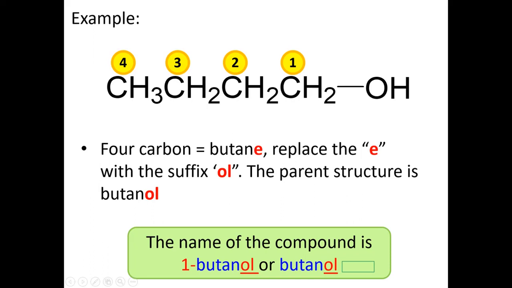Please do not forget, you need to put a dash when the number is in between numbering and alphabet. Or you can write butanol because the number is 1 here. If it is number 2, 3 or 4 and so forth, you cannot just write butanol; you need to put the location of the functional group. Except for 1-butanol, you just write butanol.